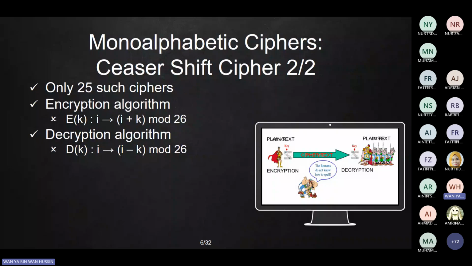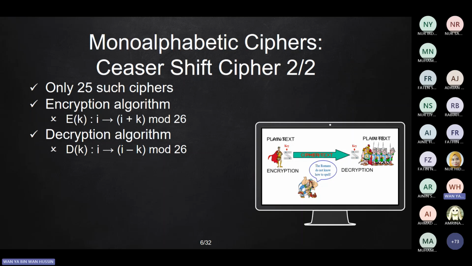For encryption, we add the key size. In Caesar shift cipher, it should be 3. In shift cipher, it can be any key between 1 to 25 except 3. For decryption, we subtract the key size, in this case 3.